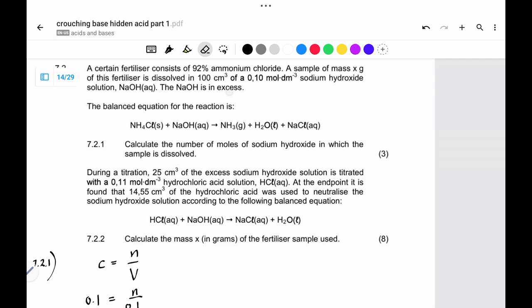During a titration, 25 cubic centimeters of the excess sodium hydroxide solution is titrated with a 0.11 moles per cubic decimeter hydrochloric acid solution, HCl.